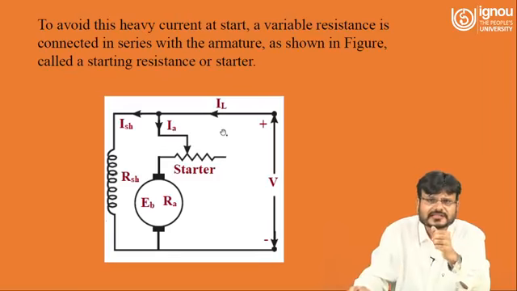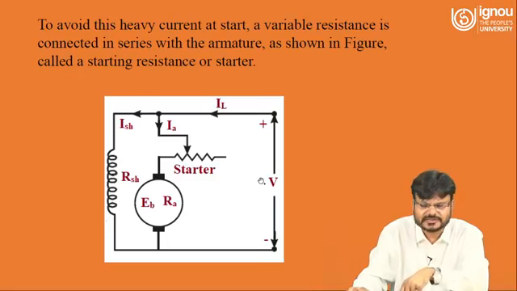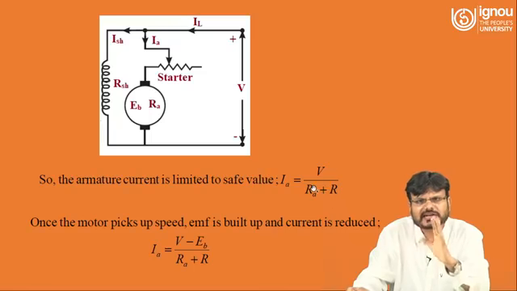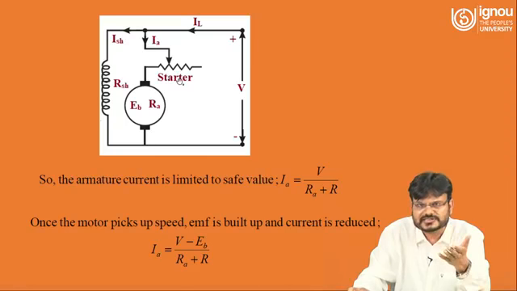And here this IL is the load current, and V is the terminal voltage. As I already told you, the armature current is limited to the same value, that is IA is equal to V upon RA plus R. This RA is the armature resistance, and R is the resistance of the starter.